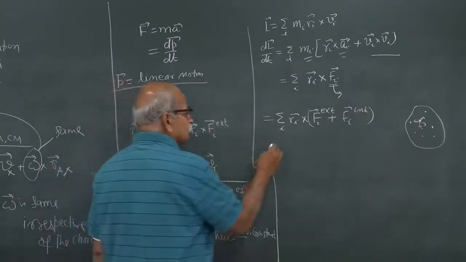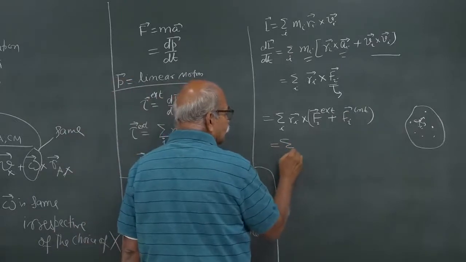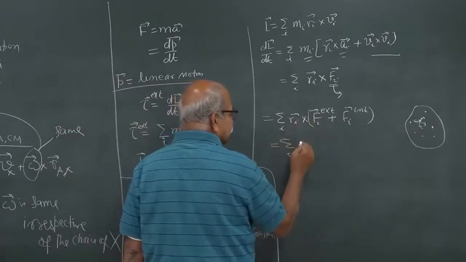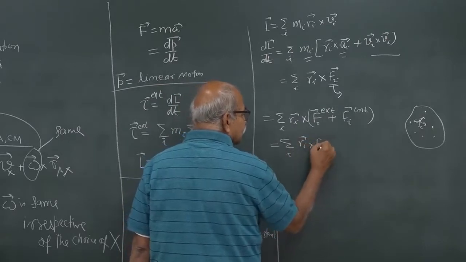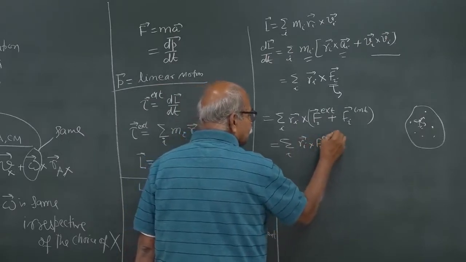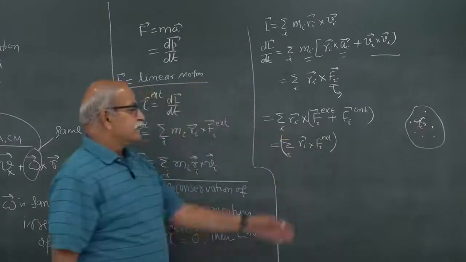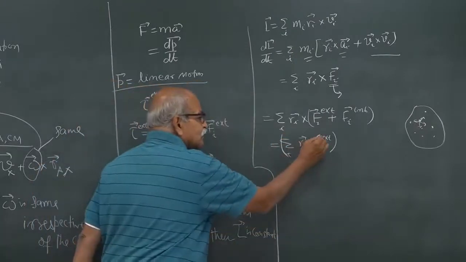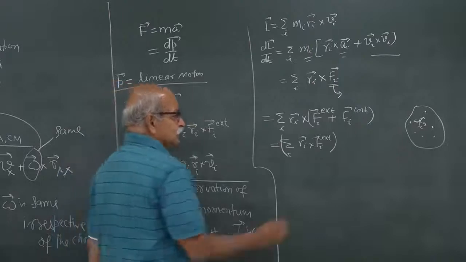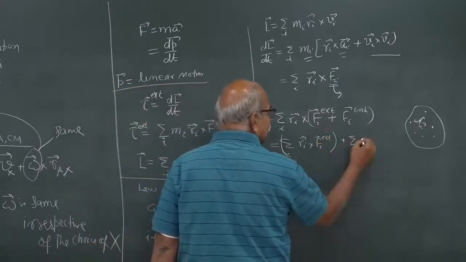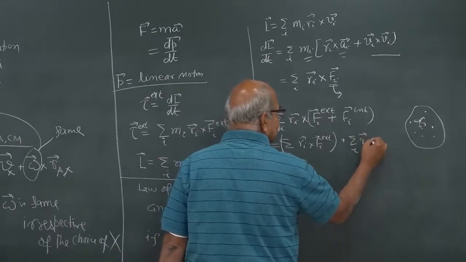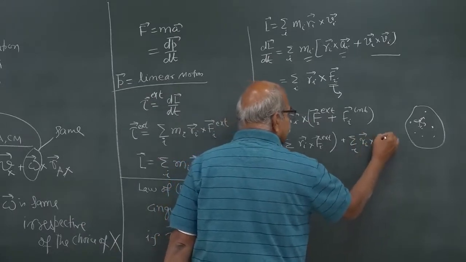And this is summation over i. So, ri cross Fi external, this is one part. This is the external torque, this is that external torque that I am writing here, but then there is another term, summation over i of ri cross Fi internal.